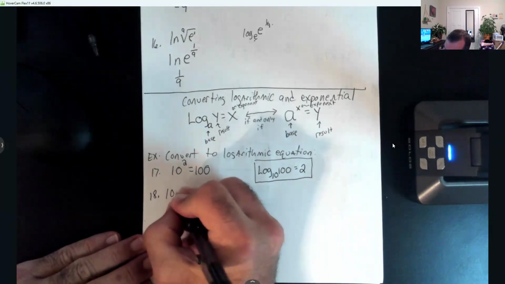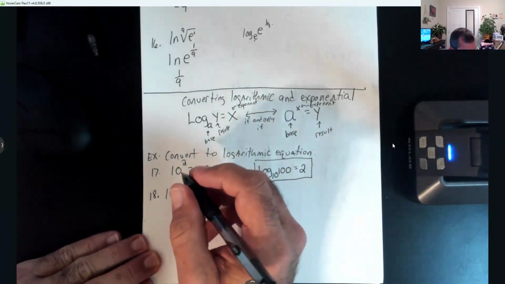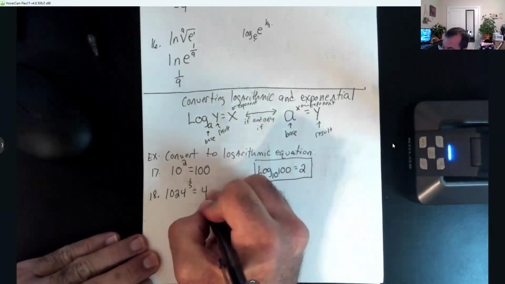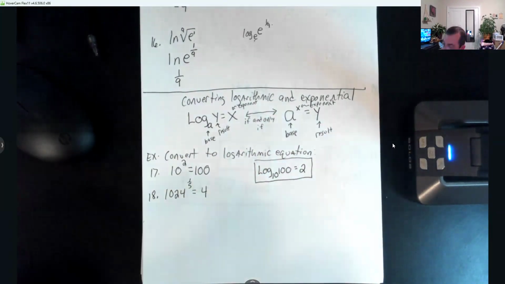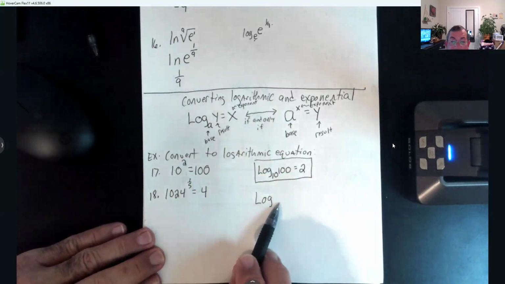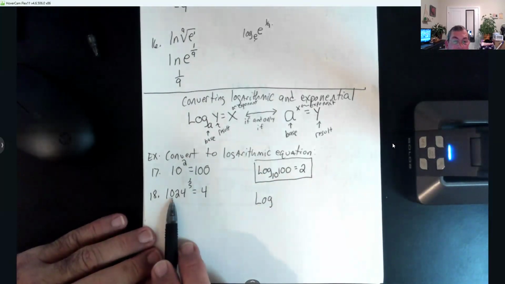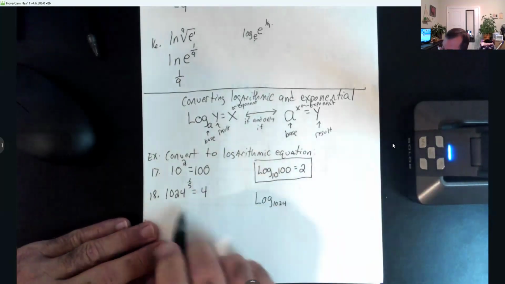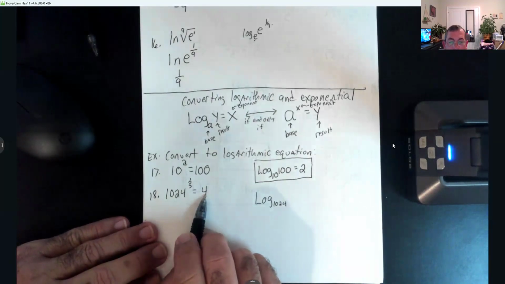All right, so 1024 to the 1/5 equals 4. Same thing. You're going to come over here and write log. Your base is the base of the exponential, which is 1024. Our result is the 4.